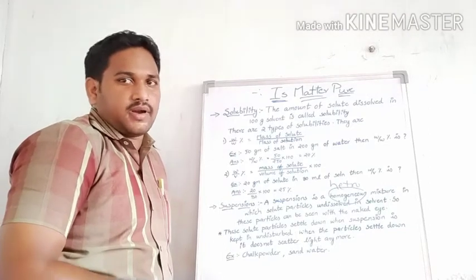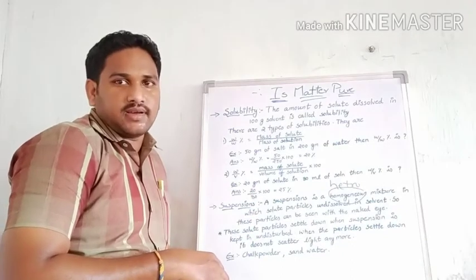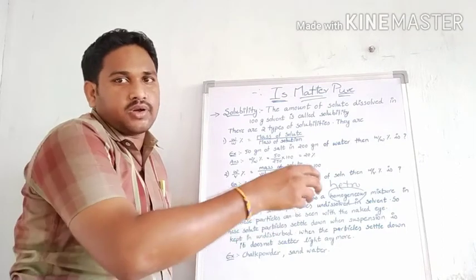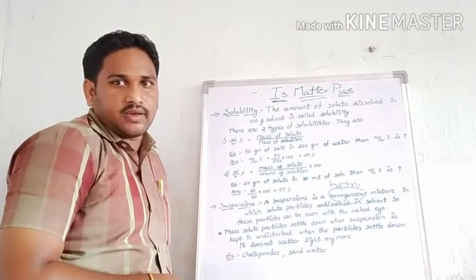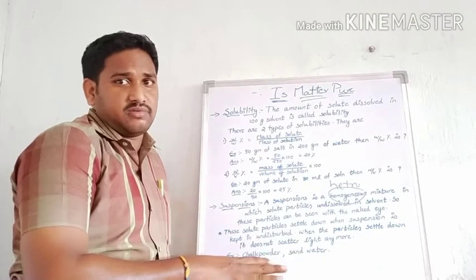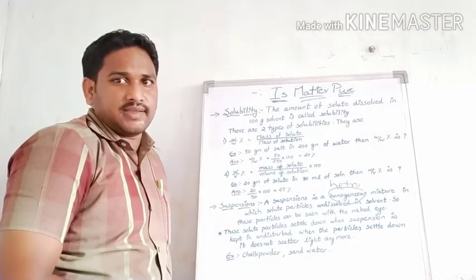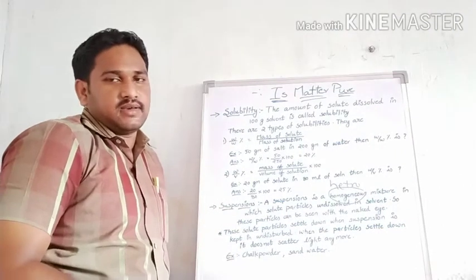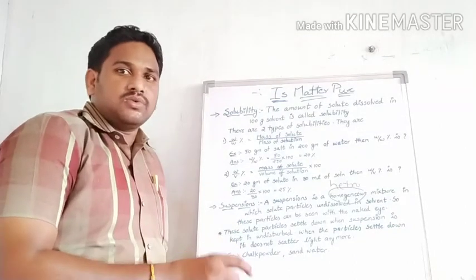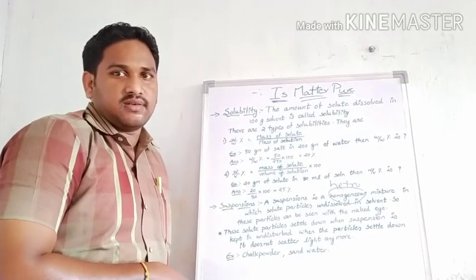Students, one more point is that these solute particles settle to the bottom of the container. Why? Because the solute particles are undissolved in the solvent, that is, heterogeneous. The solute particles have more density than the solvent.